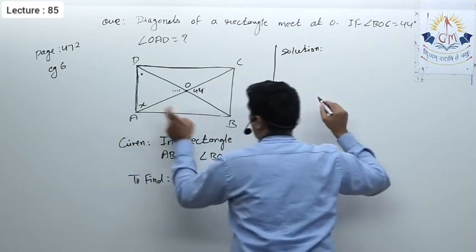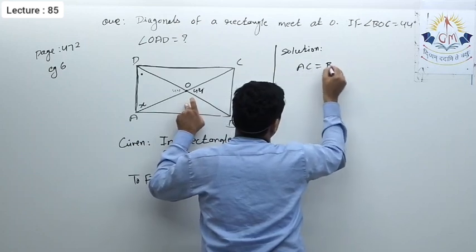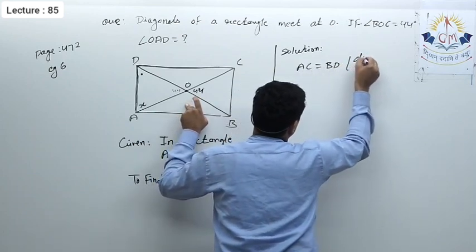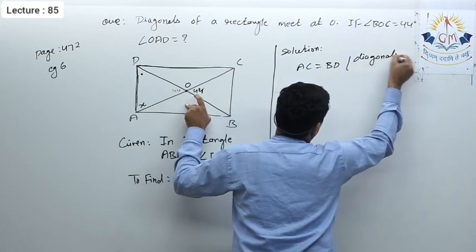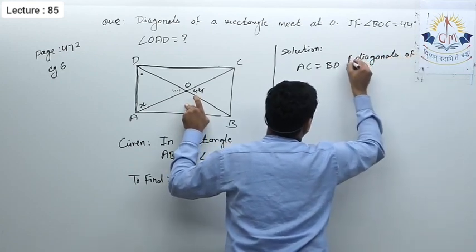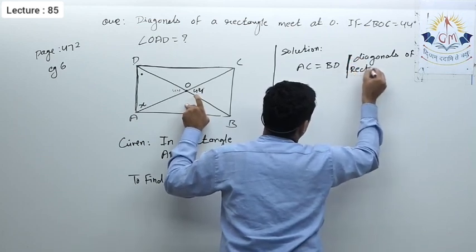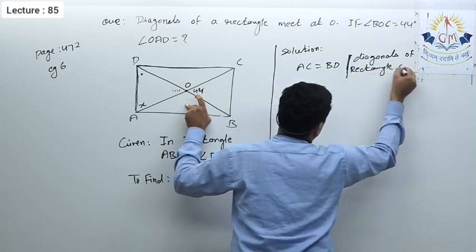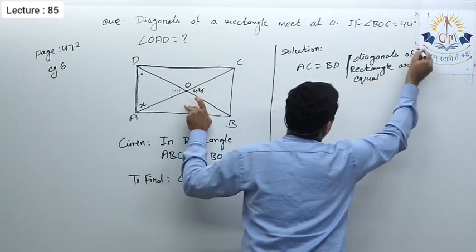So we'll start with AC equal to BD. Reason: diagonals of a rectangle are equal.